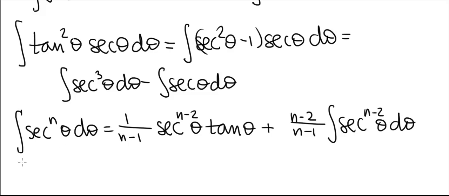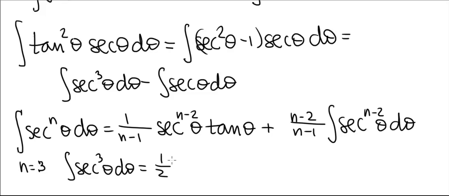So in our case, n is equal to 3. So the integral of secant cubed of theta d theta is equal to 1/2, just replacing n with 3, secant theta times the tangent theta plus 1/2 times the integral of secant theta.